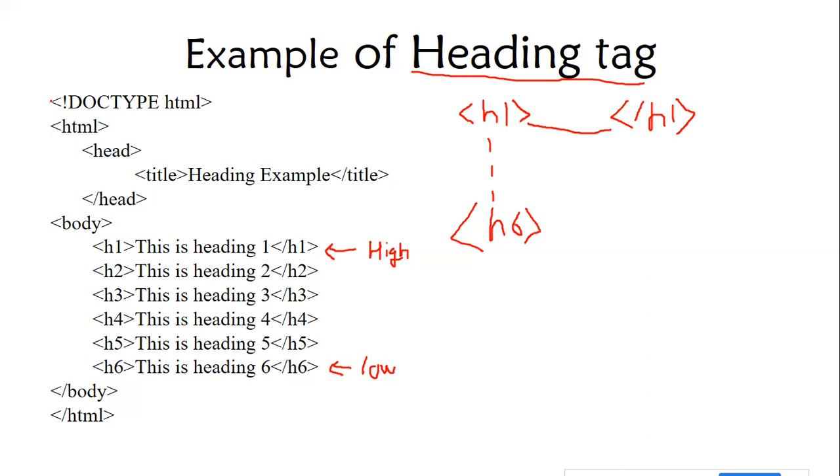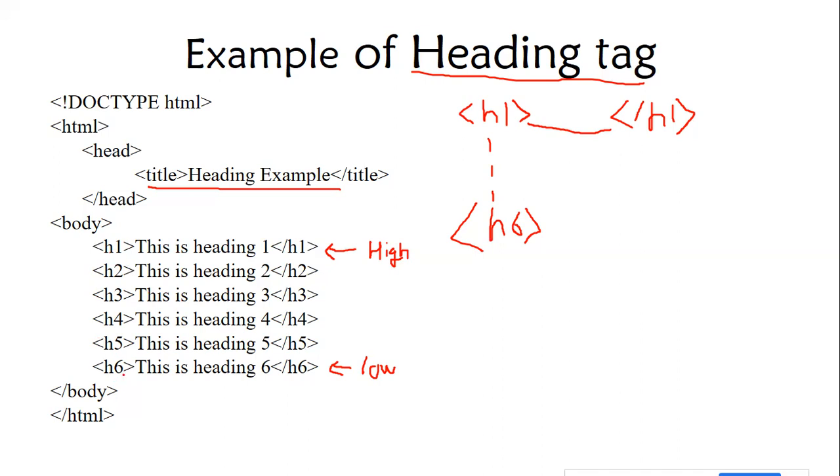The basic program starts with the doctype, HTML, head, and give a proper title. Next, start your body section. In the body section, take the whole range from H1 to H6 only. H7, no. H1 to H6 only.